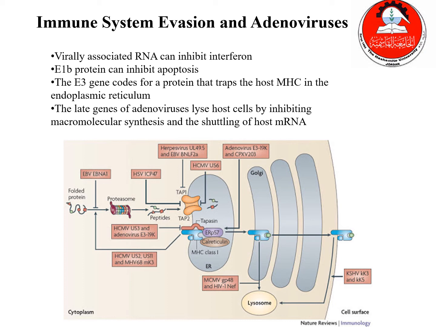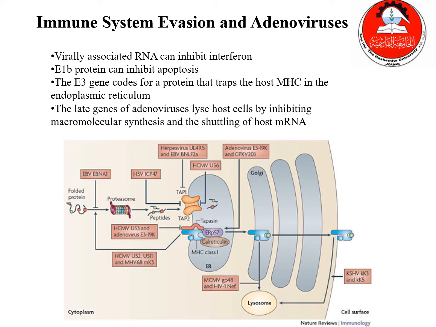The third mechanism is that the E3 gene codes for a protein that traps the host MHC in the endoplasmic reticulum. There is a way for the immune system to recognize that a cell is virally infected, by presenting the viral genes to the immune system via the major histocompatibility complex.